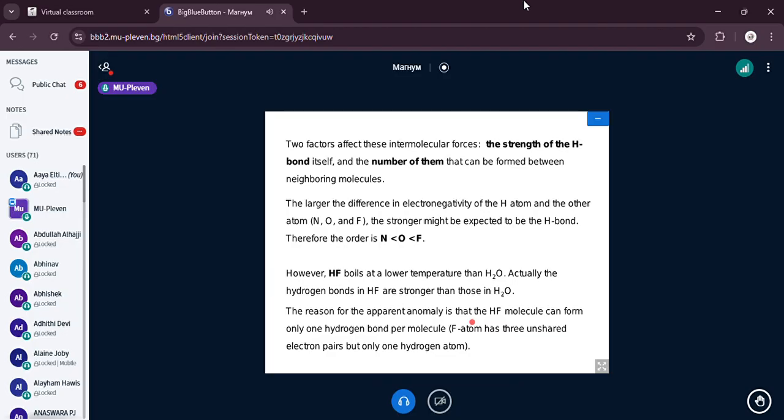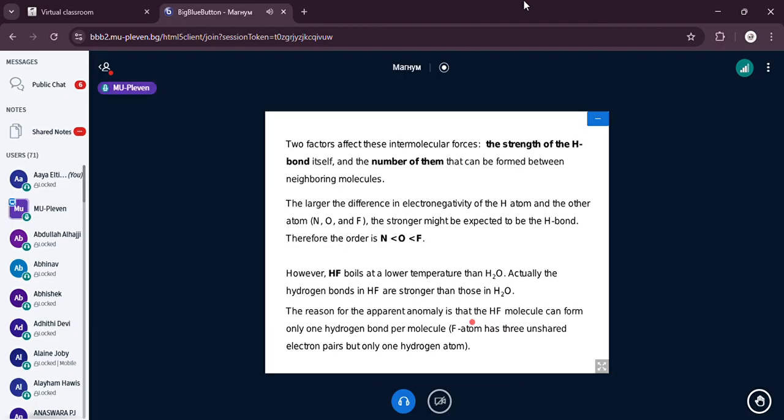The strength and magnitude of hydrogen bonds depend on the strength of a given hydrogen bond and on the number of hydrogen bonds.